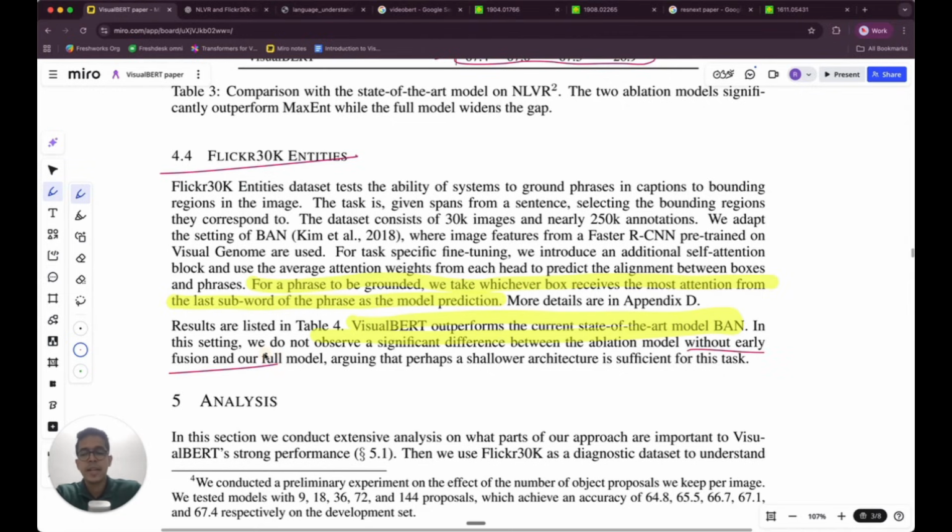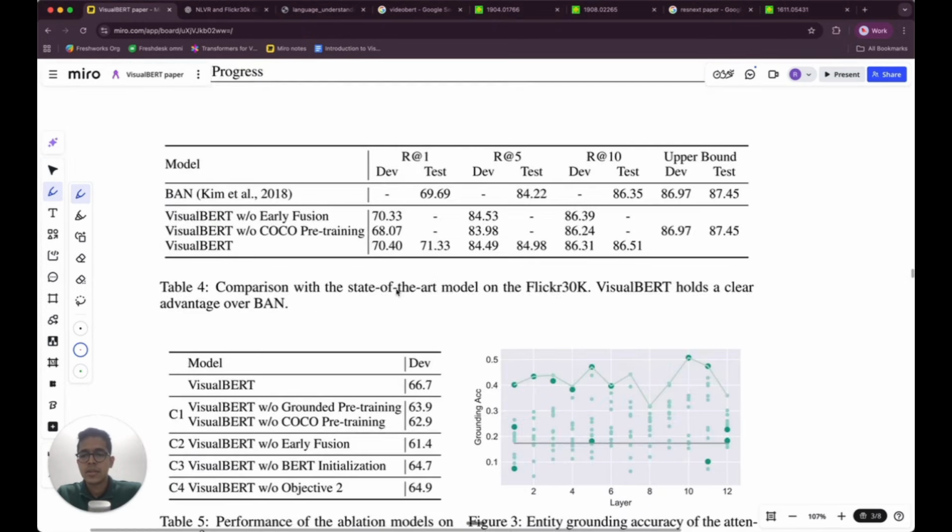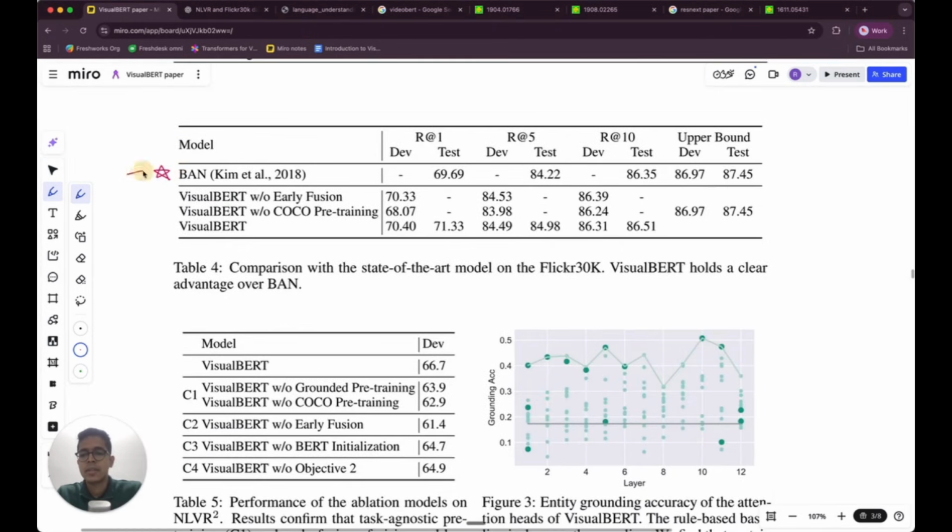Without early fusion means image data you are only feeding into the last transformer layer. Previous transformer layers are only getting the textual data, which means many of those layers you could probably remove. Perhaps a shallower architecture is sufficient for this task. That's what this means. Table 4, let's see the results. So this is Table 4, and this BAN model is the state of the art.